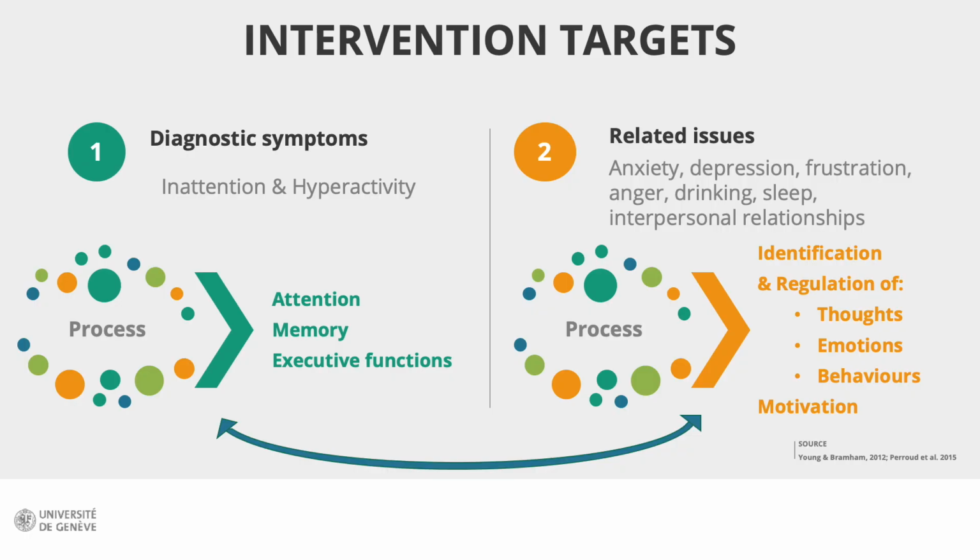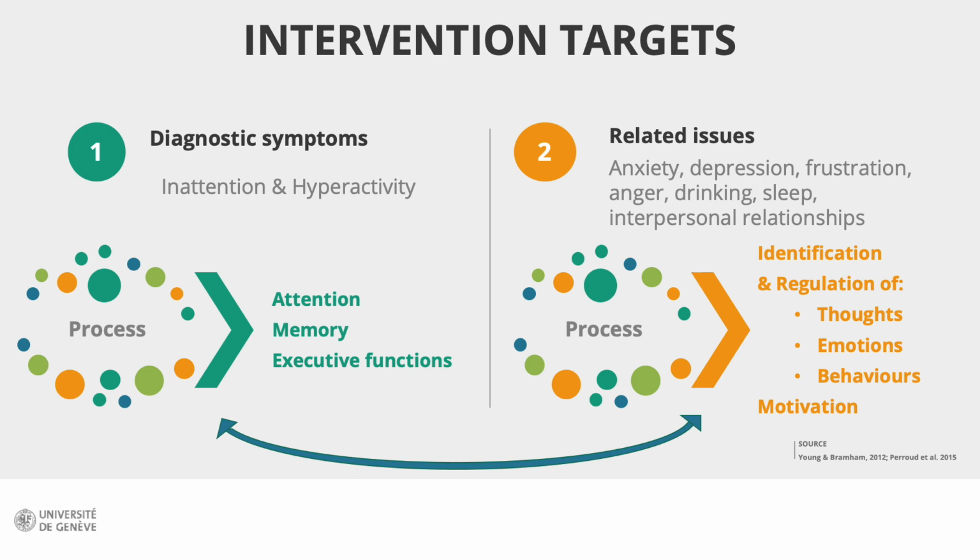Now, more precisely, in terms of what are the symptoms that are targeted by psychological interventions. First off, obviously, the diagnostic symptoms. So the diagnostic symptoms, we think, are underlaid by the main processes of attention, memory, as well as executive functions.